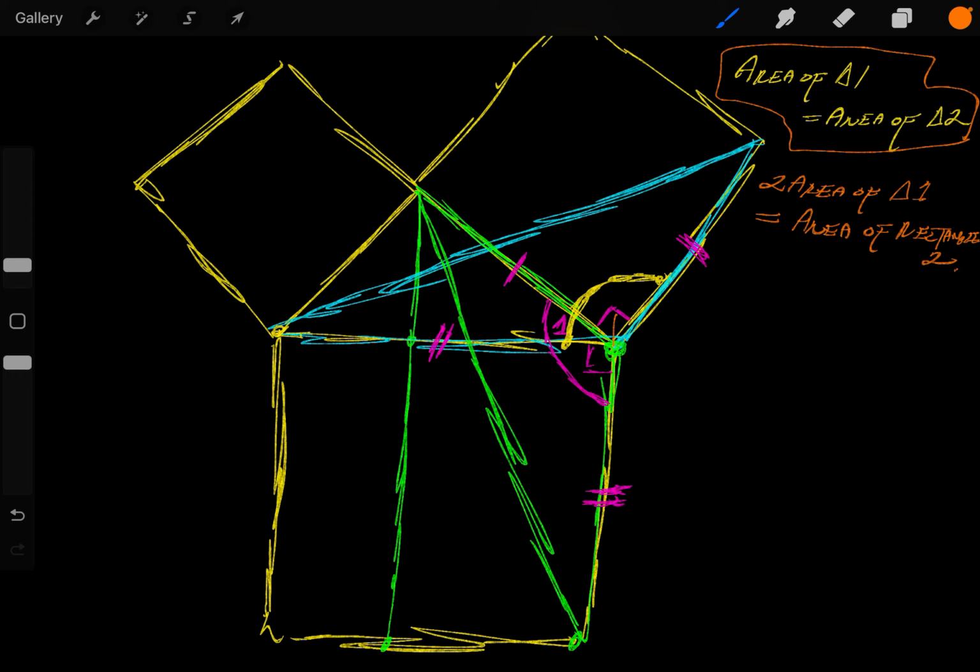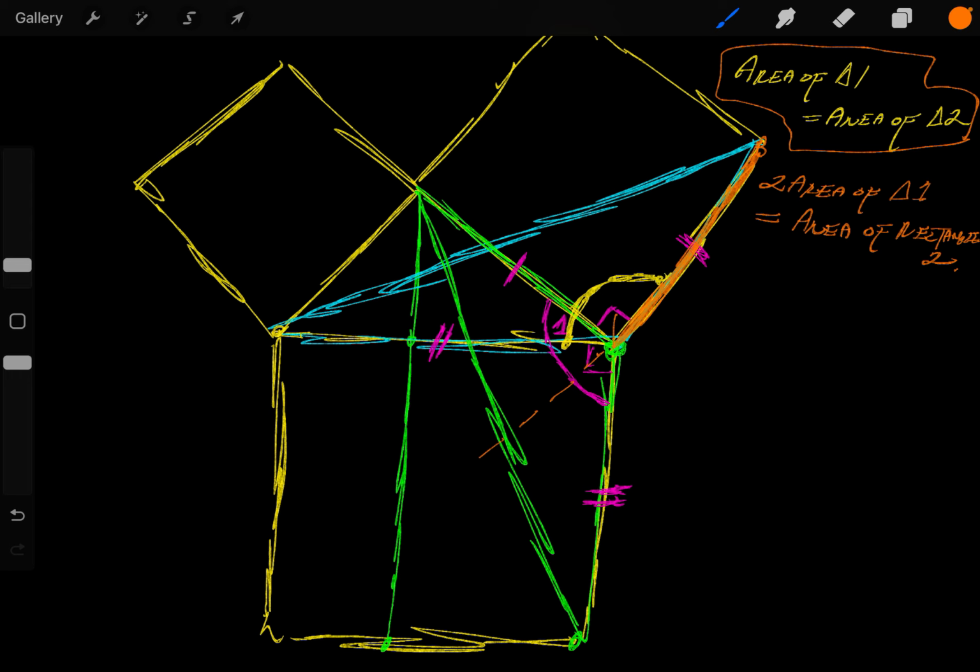Now look at this one. This here is the orange side. Extend that side in the blue triangle. Look, identify where that blue triangle is.